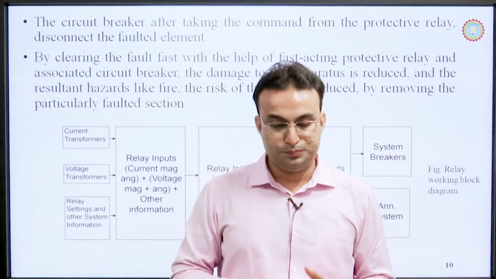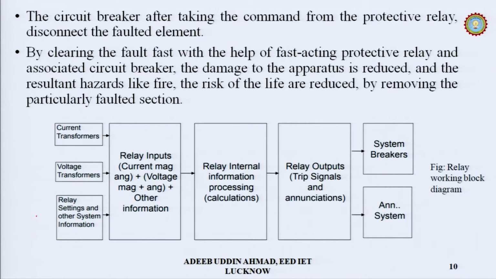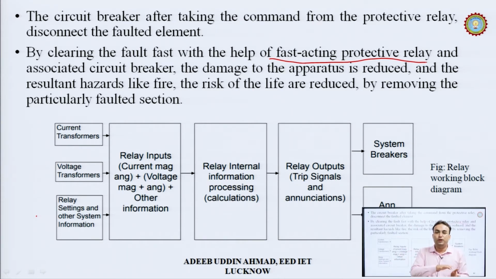As you know, by clearing the fault fast with the help of a fast acting protective relay associated with the circuit breaker, the damage to apparatus is reduced. So, if we use a fast acting circuit breaker, this is fast acting protective relaying. Fast acting protective relaying means we are going to use a fast protective scheme.